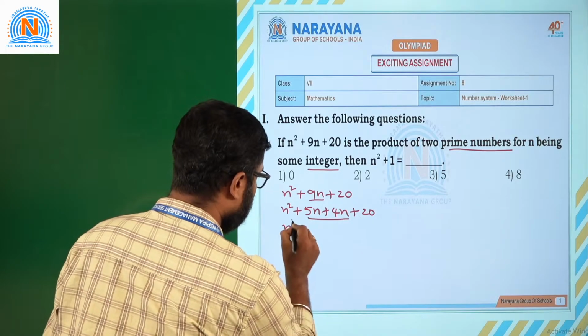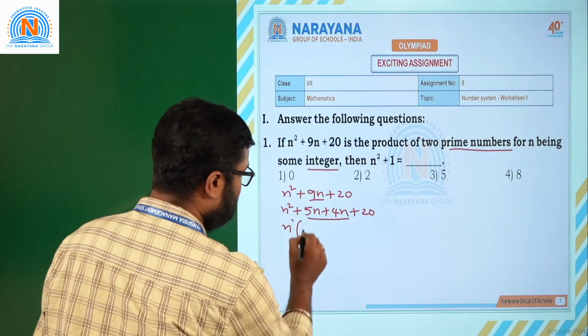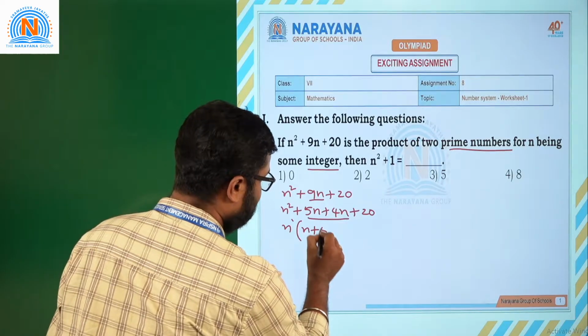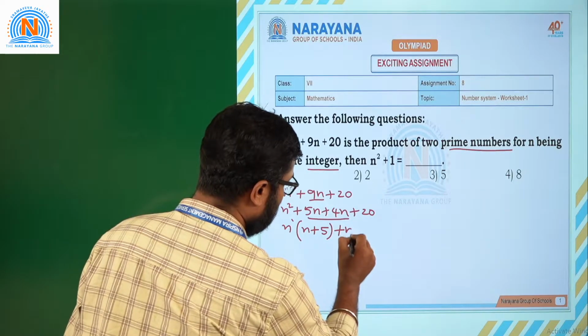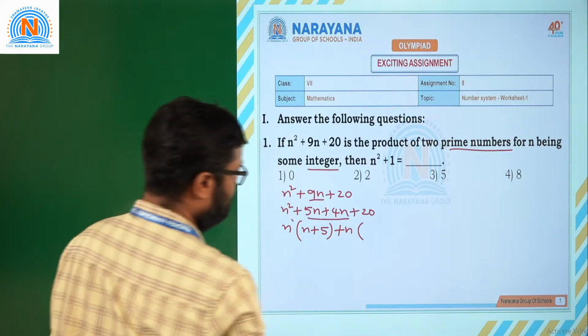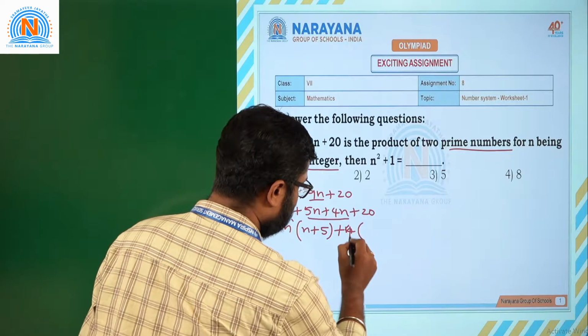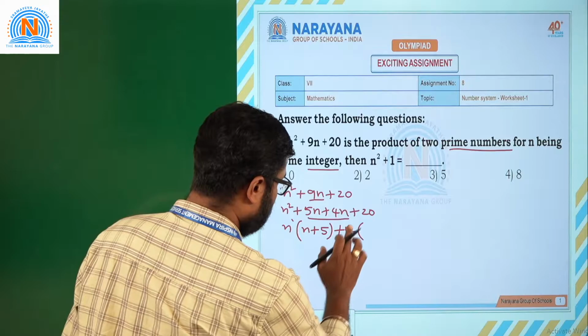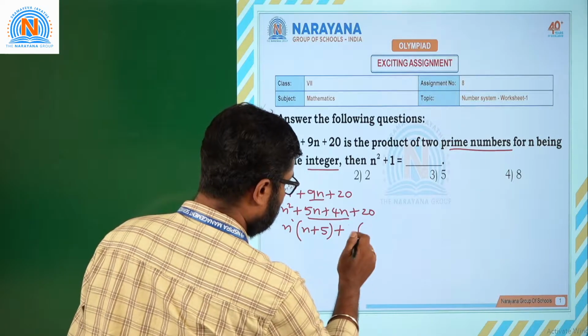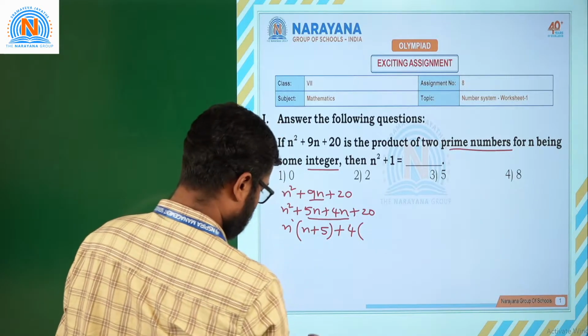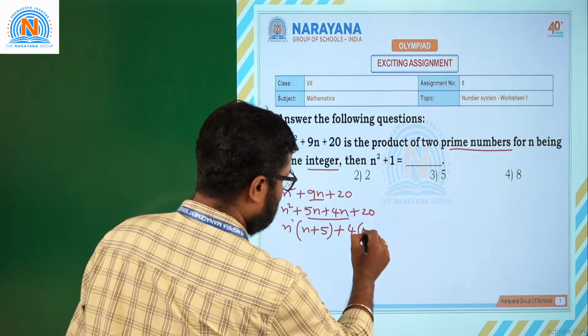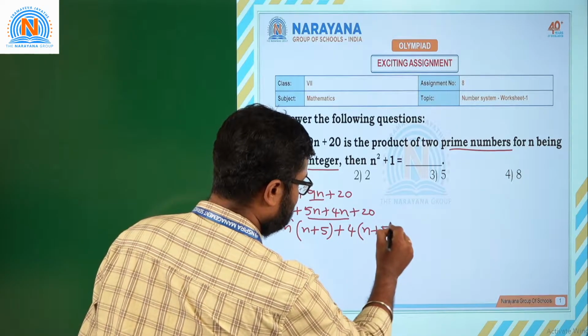Now n is common from the first two terms, so n into n plus 5, and 4 is common from the next two terms, so 4 into n plus 5, isn't it?